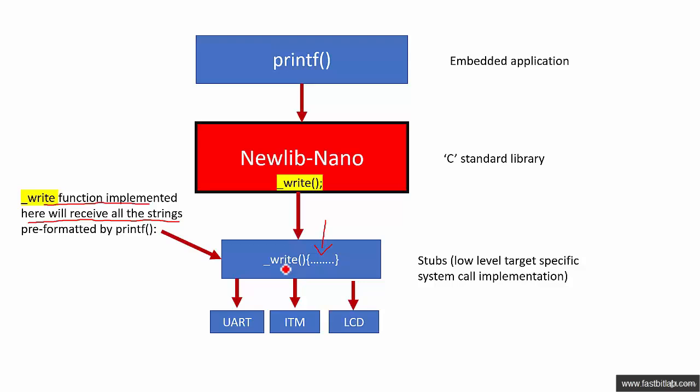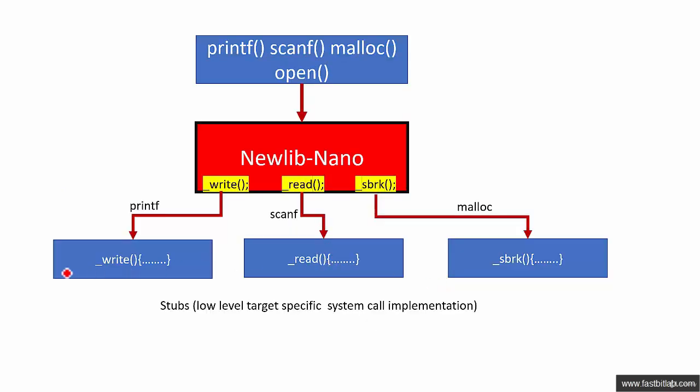That's why here write is called a stub or low-level target-specific system call. Like that, you have to provide a lot of system call implementations like write, read, and sbrk. This is called by NewLib when the embedded application executes malloc or dynamic memory management related APIs.